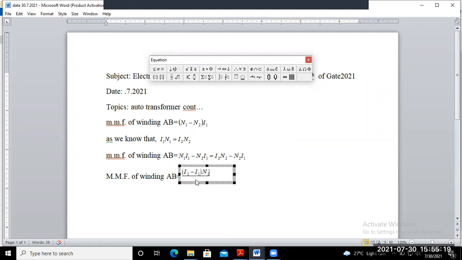So N2 is the number of turns and I2 minus I1 is the current flowing through the winding BC. So I_BC into N2, that means the number of turns of the winding BC, is equal to the MMF of the winding BC.